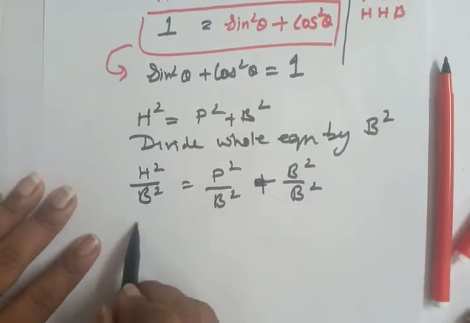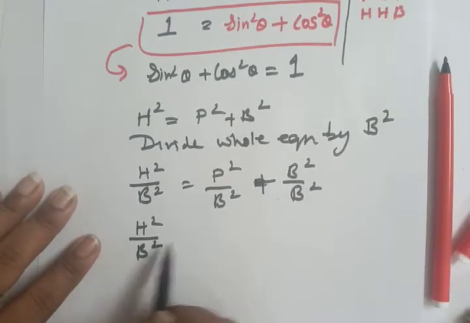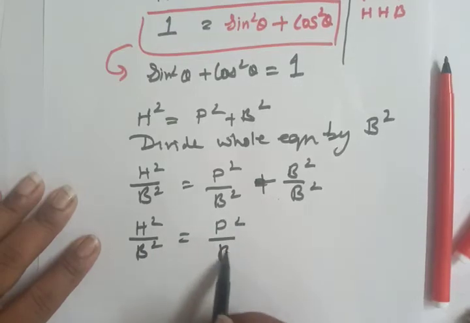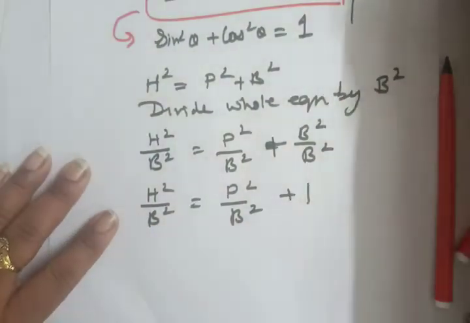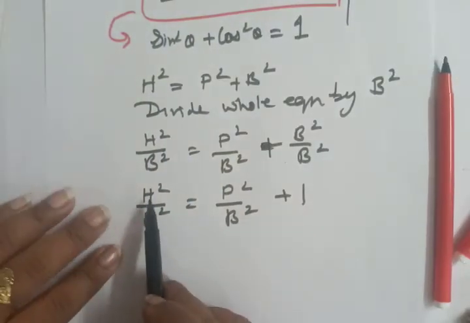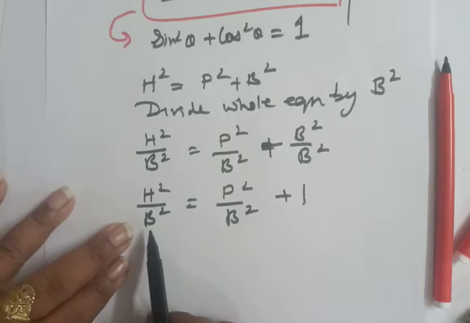So what we will get is hypotenuse square upon base square is equal to p square upon b square plus 1. Now again we will remember what hypotenuse square upon base square is.